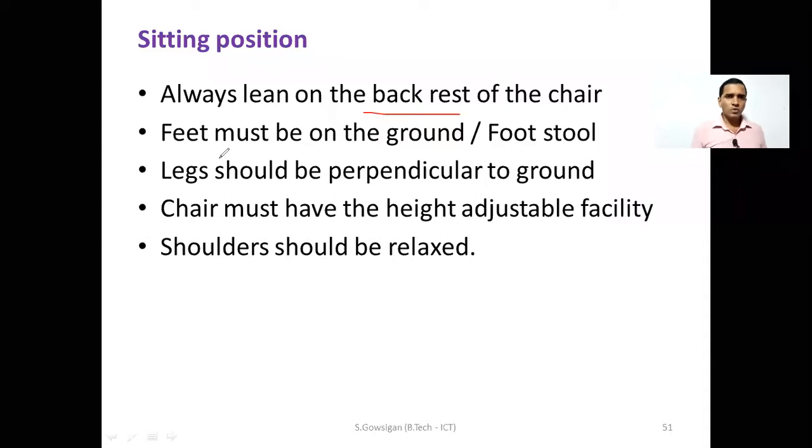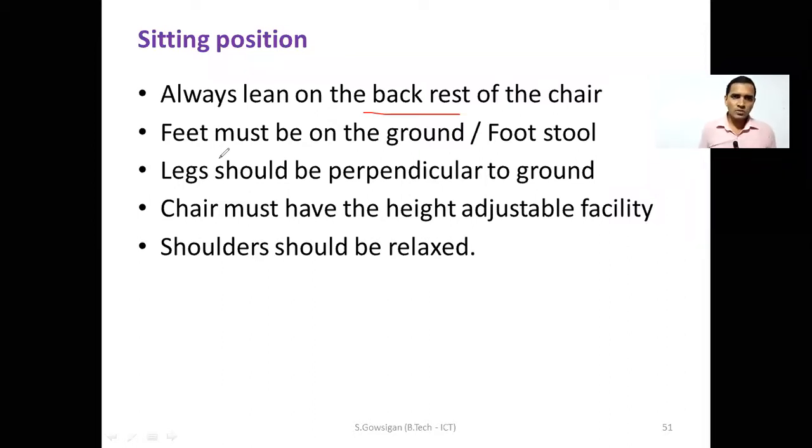Definitely, you can feel pain mostly in the back side of your legs. But when you keep your feet on the floor, you don't feel anything uncomfortable. It looks like a comfortable sitting. So always keep your feet on the ground.